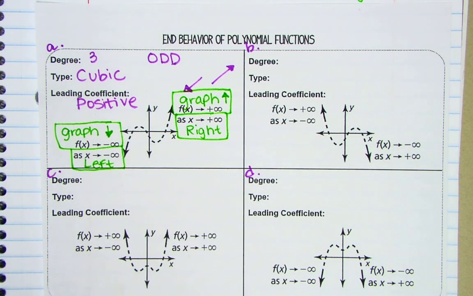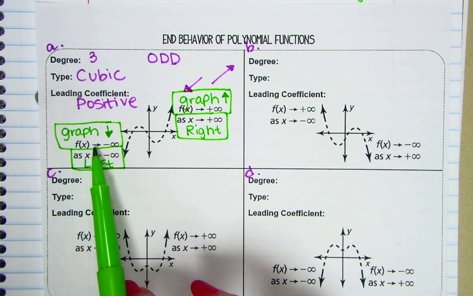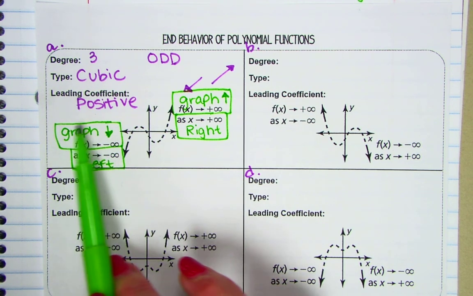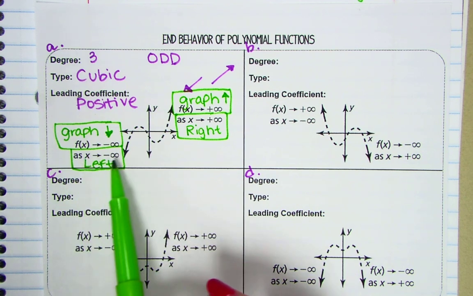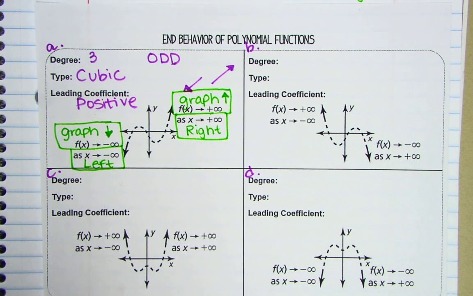That's how you can break down what those say, because again, it's hard to read. This is saying as x goes left, the graph approaches negative infinity, it goes down. This one, as x goes right, it goes up. It's a little bit easier way to understand it.